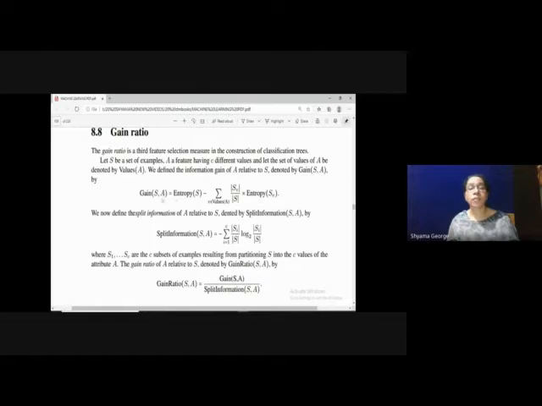That means you can find the information gain for a particular attribute. Then split information is minus sigma i equal to 1 to C of Si divided by S into log 2 of Si by S. This is split information. So gain ratio is gain of S, A divided by split information of S, A.